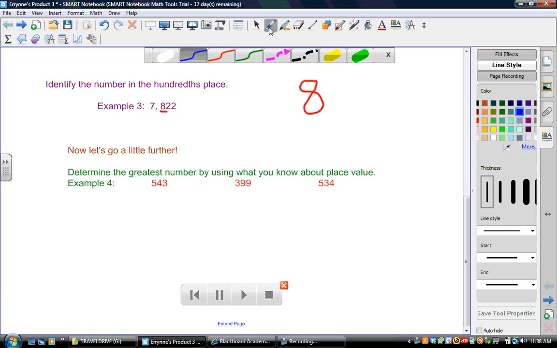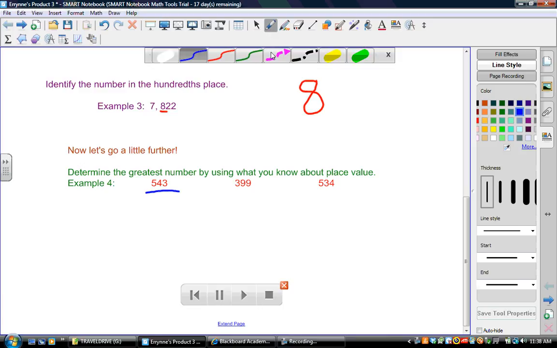What is the greatest number? Okay, Tony has an answer for me. Tony, 543. Very good, Tony. And Tony, how did you get to that answer using what you know about place value?